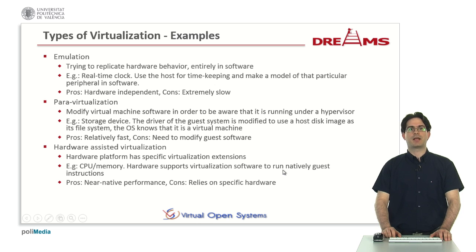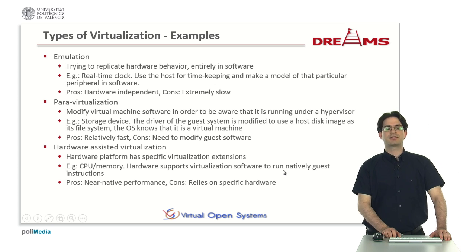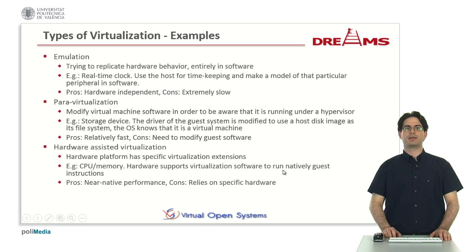Next, for paravirtualization, this approach tries to do things differently. Instead of emulating devices, it tries to make the guest operating system aware that it is running under a hypervisor. In essence, that means that instead of emulating a storage device, for example, the driver of the operating system knows that it's a virtual machine.